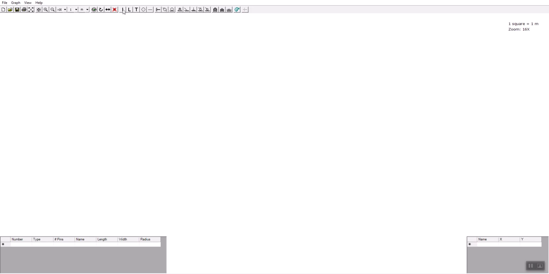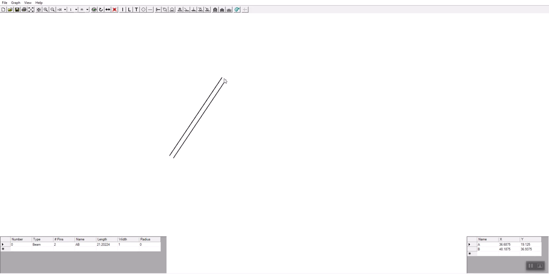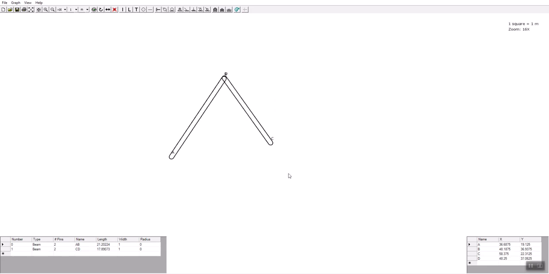So let's select a straight member, bring it down. Let's select another straight member, bring it down. Put these two ends together, and we will take a pin joint and attach it here. So now we have this structure ABC.